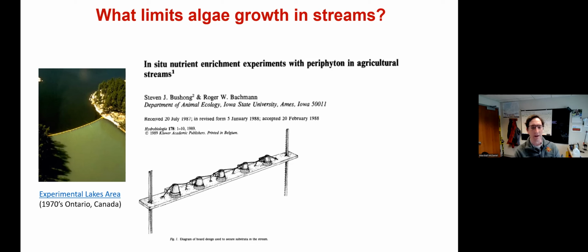This is actually a diagram from the study. Each of those pots was infused with nutrients, either nitrogen or phosphorus or both. They looked at the algae growth on those terracotta pots as an indicator of eutrophication or limitation of those nutrients when placed in a stream in Iowa.